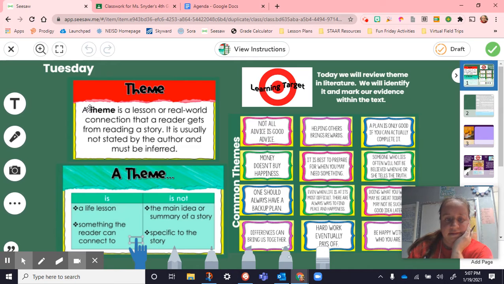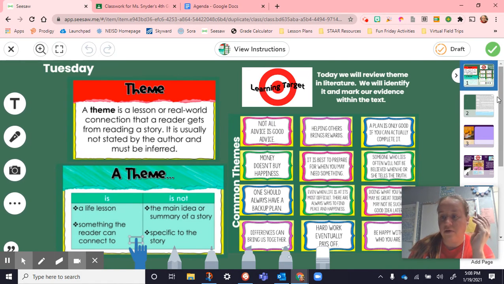We reviewed that theme is a lesson. It's not the main idea or the summary. It's not the topic. It's that lesson that you learn through what's going on with these characters. Your characters have some event that happens, and through their actions, you're learning some kind of life lesson that they have taught you. It's not stated, so it has to be inferred.